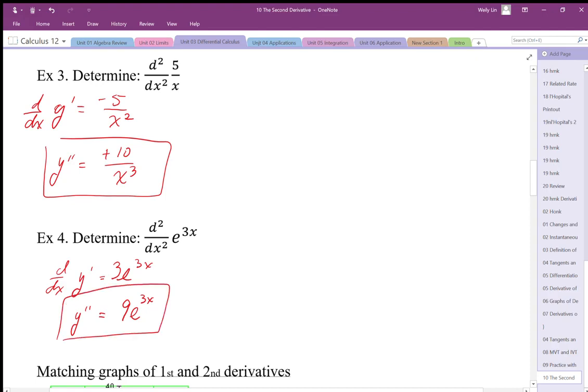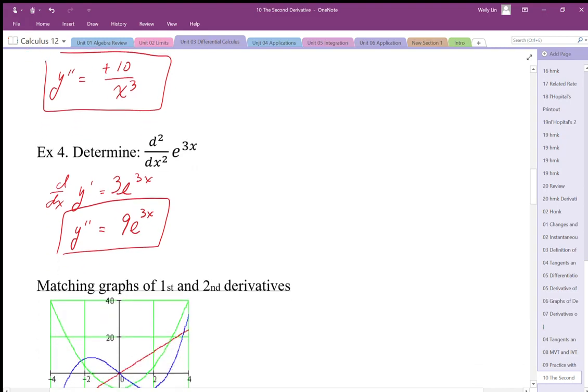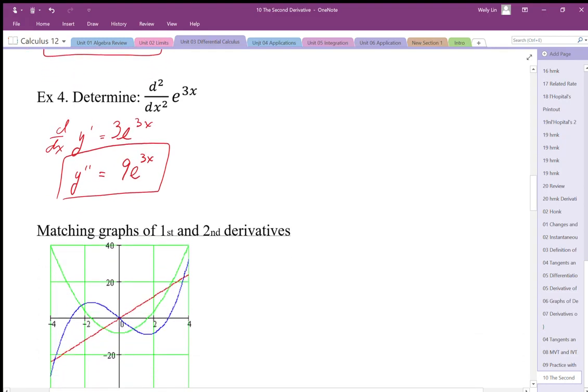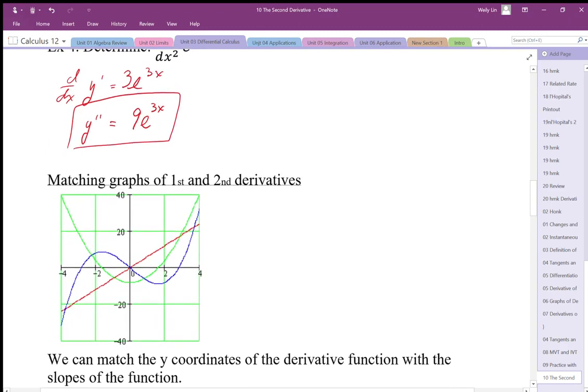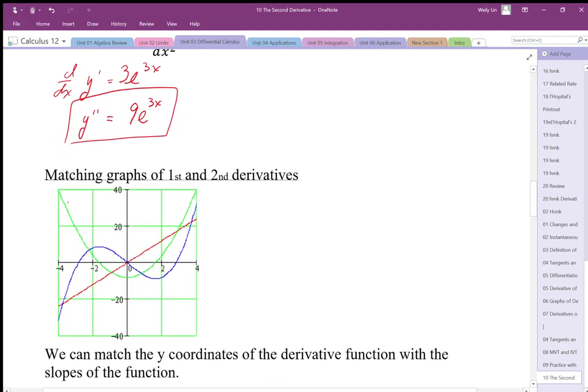So let's take a look at some of these graphs and see how these shapes actually relate to each other. So if you take a look at the original function, let's say that that cubic function is my original f of x function. So the blue function here, that's going to be f of x. From what we know of derivatives, we know that the derivative of the cubic function should be a quadratic function, so that probably is going to be the derivative there.